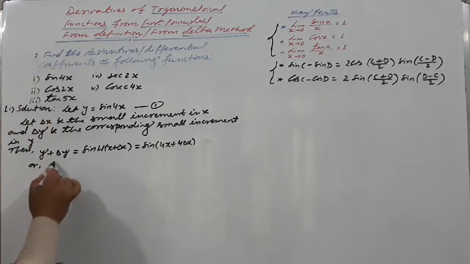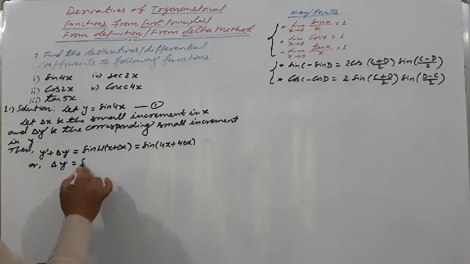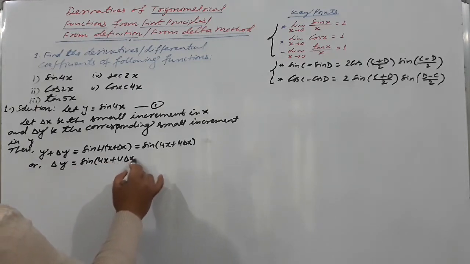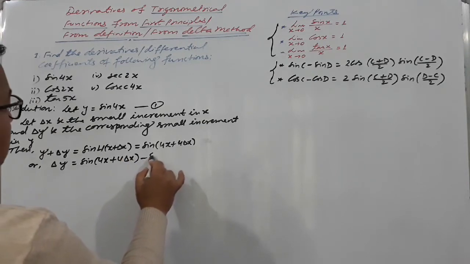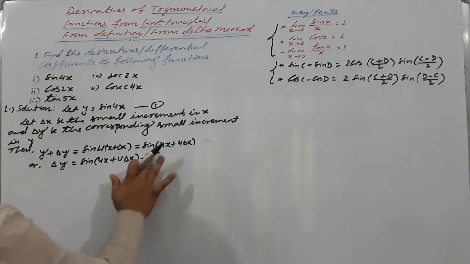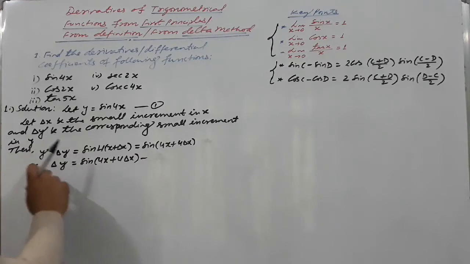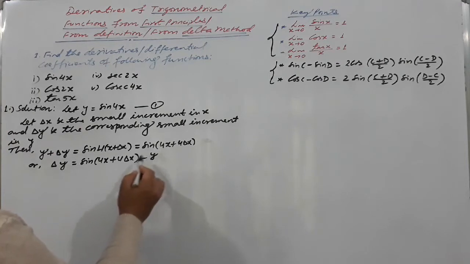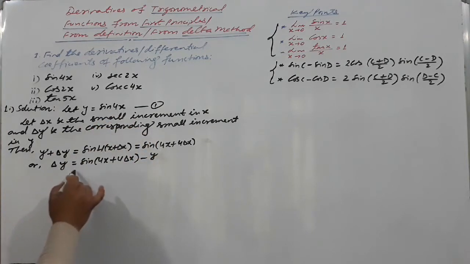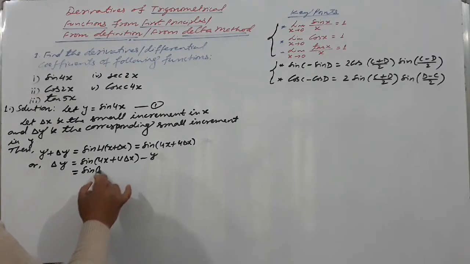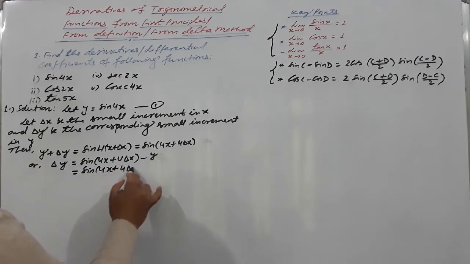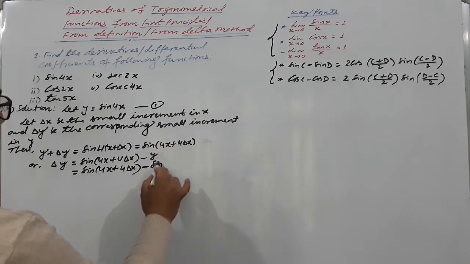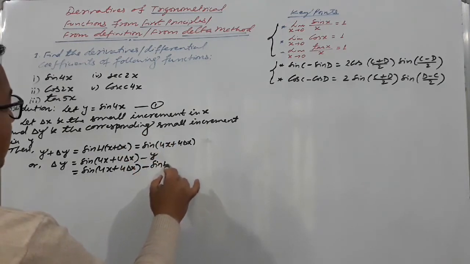Or let's simplify: delta y is equal to sine of 4x plus 4 delta x minus y, transposing y from the left hand side to the right side. We can use the value of y from the first equation: minus, instead of y, you can write sine of 4x.